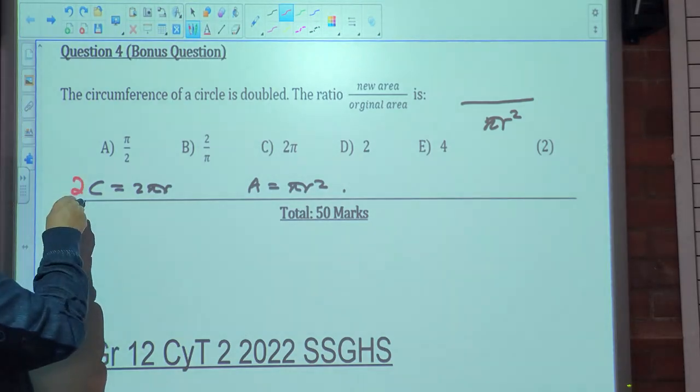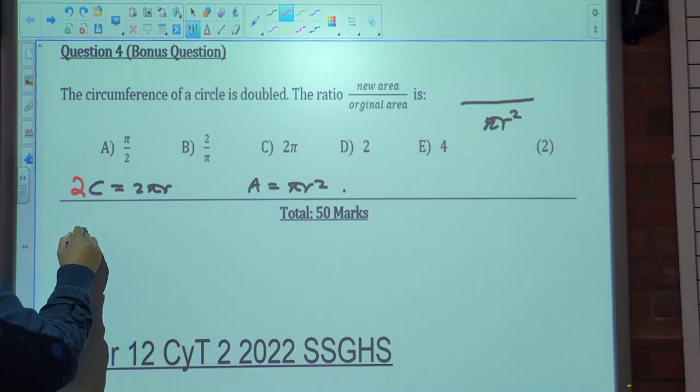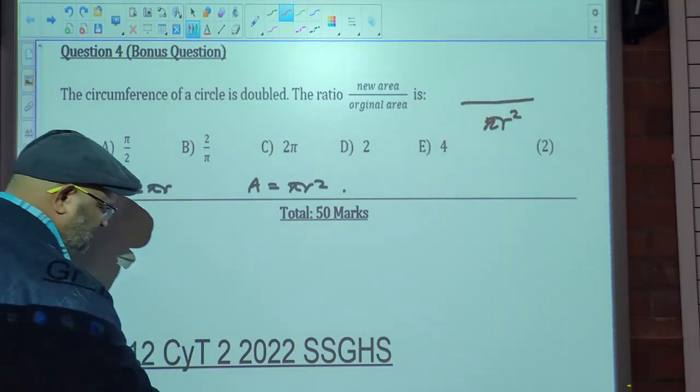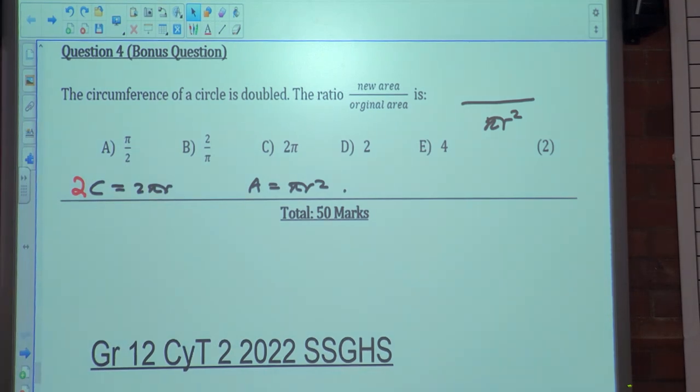Okay, so the circumference is doubled. That's going to be, I'm just going to pause it before I waste a lot of time. Alright, so I think I started off at the wrong place.